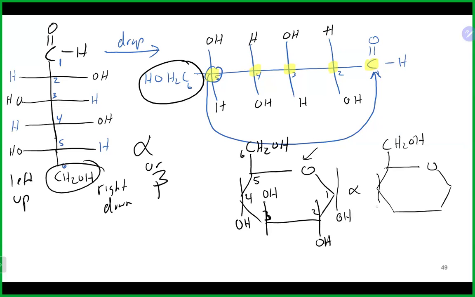Everything else would be the same here. And if you were going to draw the beta, that last OH there on carbon number 1 would go in the upwards direction. So they usually will tell you, draw the beta anomer or draw the alpha anomer. And that will tell you basically where you put the last OH, either up or down, based on what they tell you. Question on that there?